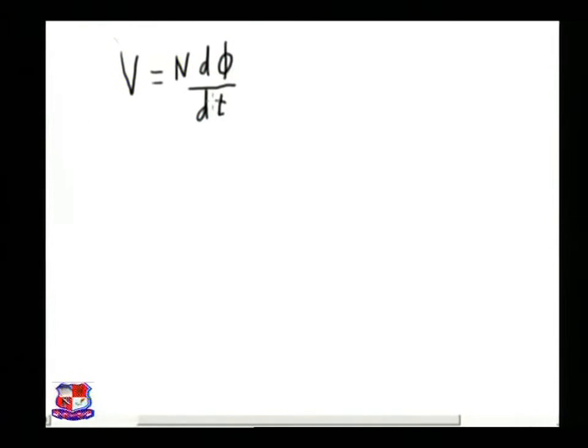So the induced voltage is equal to the rate of change of the flux with respect to time, times how many loops you have. Another way to write this, if you remember what flux is, is in terms of flux density. Flux is equal to flux density times area.